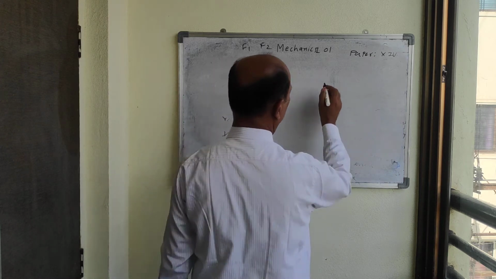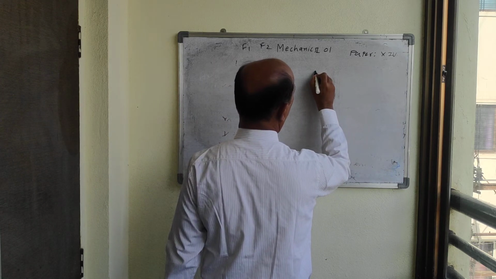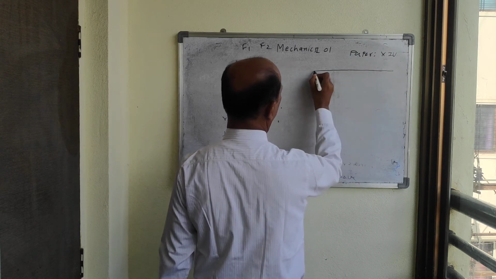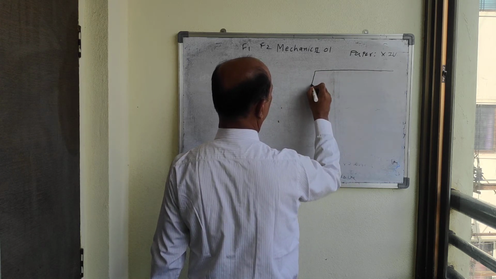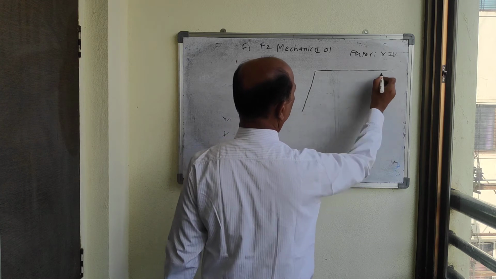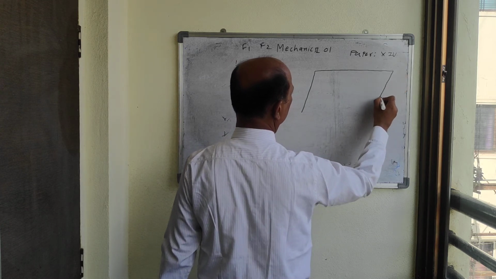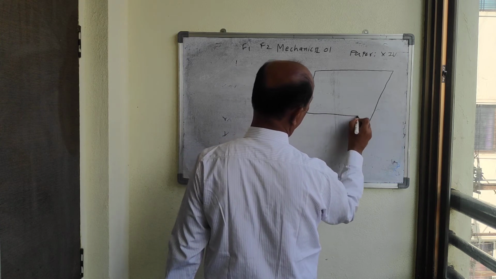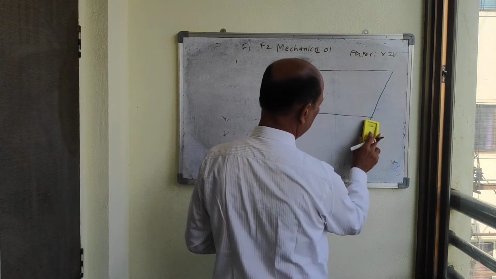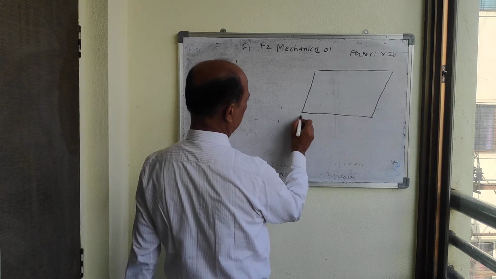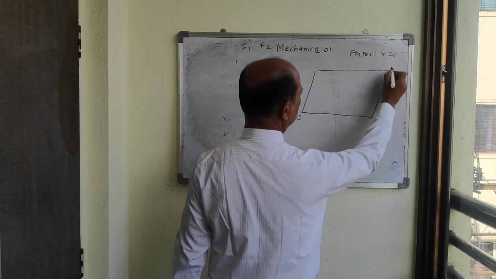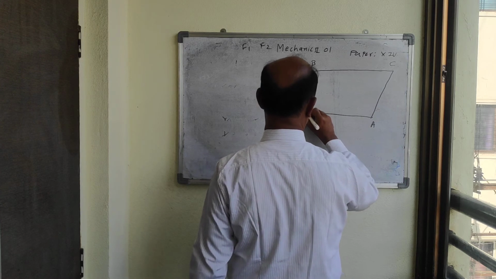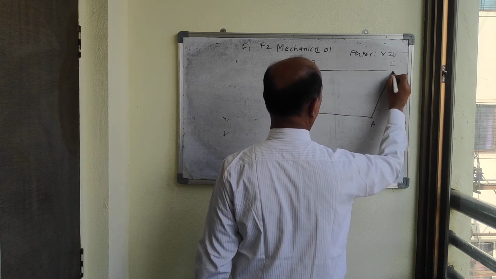So here this is O, A, C and B, and this is the diagonal.